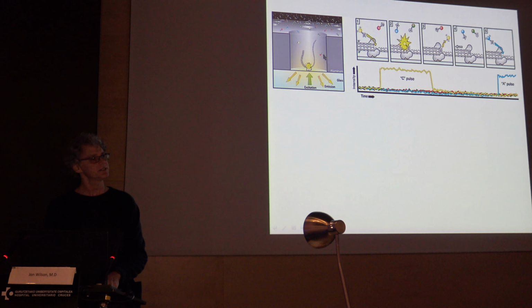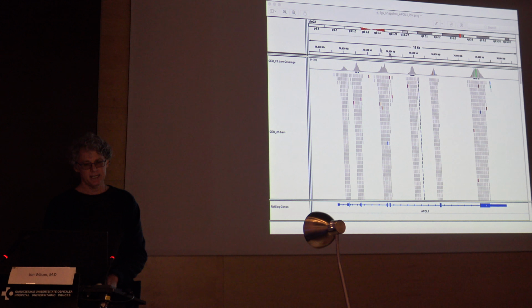If you look at the data on these, usually what you're looking at, this is APOL1, and here is the exon, intron, exon, intron, and you can see that in our assay, we analyze just the exons. And what you're seeing, these are the individual reads, and you're seeing that we've covered that entire exon 100%, and we've read it to a pretty significant depth.